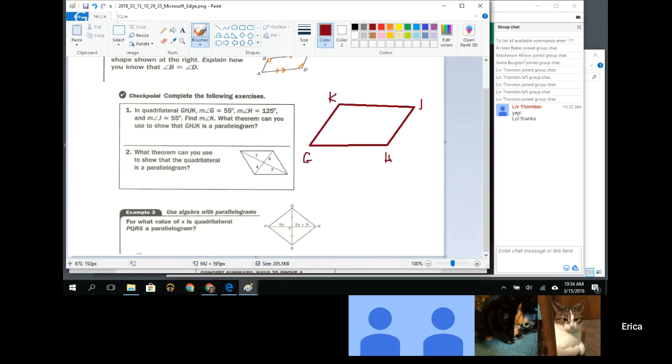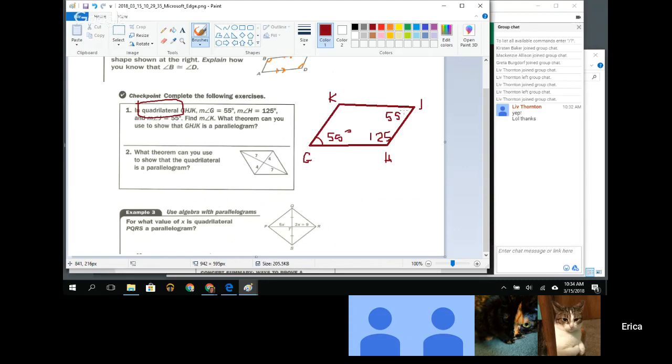The reason that I drew a four-sided shape is that it tells me that it's a quadrilateral. A quadrilateral means four sides and four angles, right? We know that the measure of angle G is 55 degrees, H is 125, J is 55 degrees, and we don't know what K is.